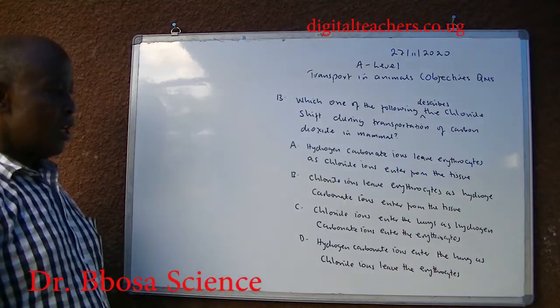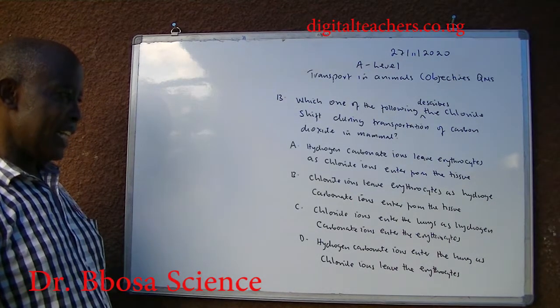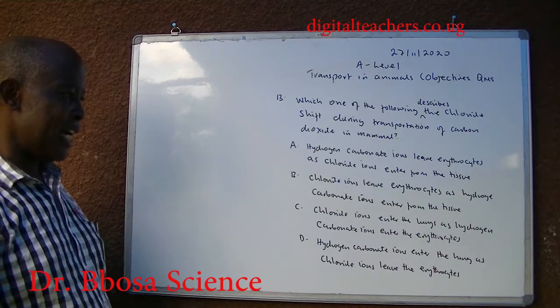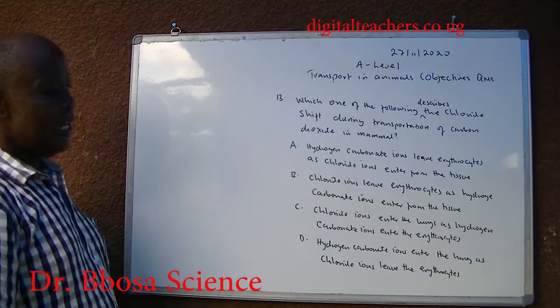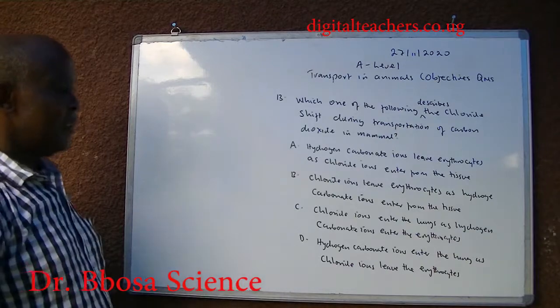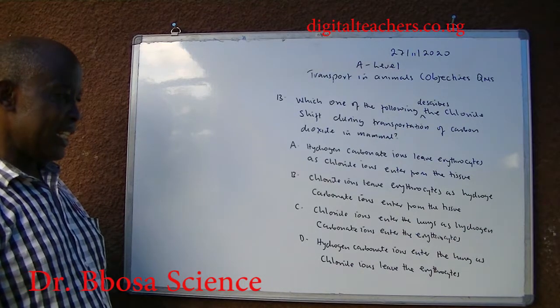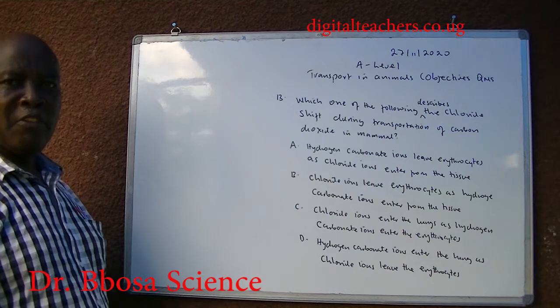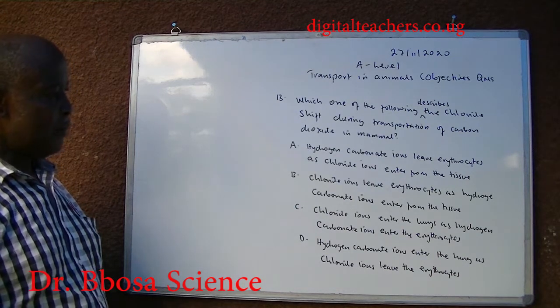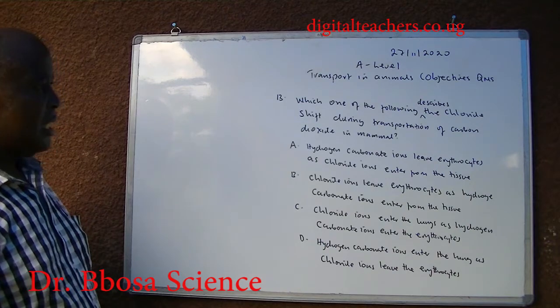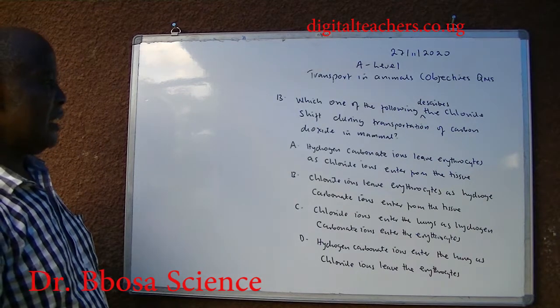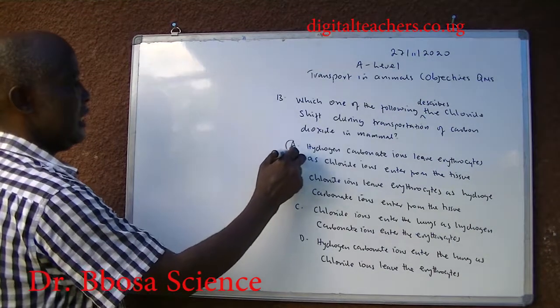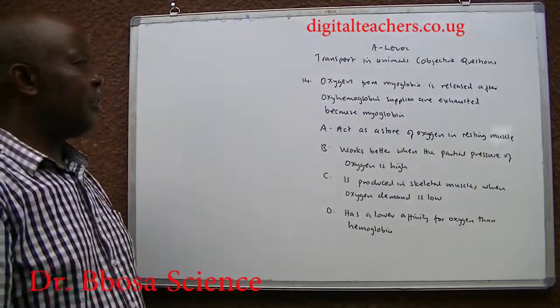C. Chloride ions enter the lungs as hydrogen carbonate ions enter the erythrocytes. D. Hydrogen carbonate ions enter the lungs as chloride ions leave erythrocytes. You can pause and answer. The answer is A.